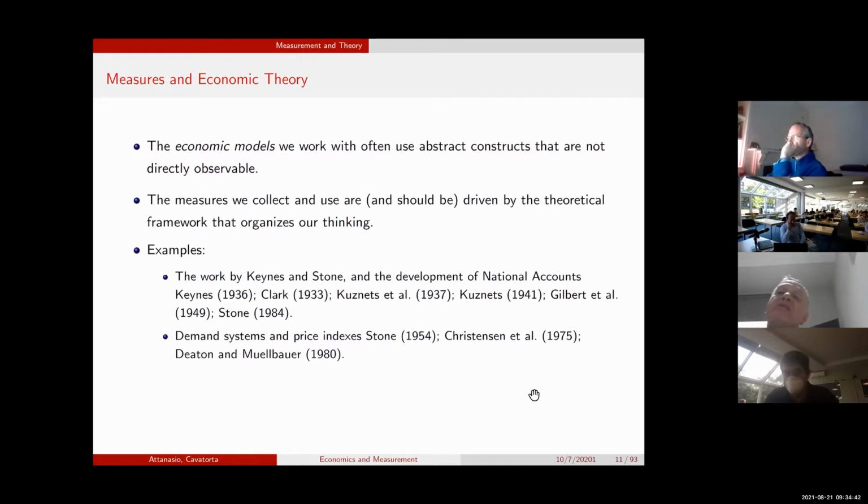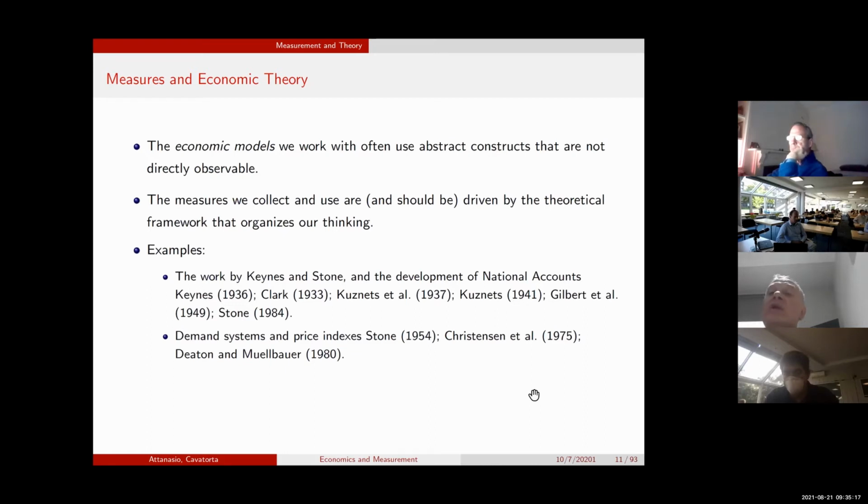Indeed, the existence of national accounts and the way national accounts were constructed in the first part of the 20th century, so almost 100 years ago, were inspired by the economic theory that was used at the time. So the work that Richard Stone was doing on national accounts was inspired by economic models constructed by Keynes and others.